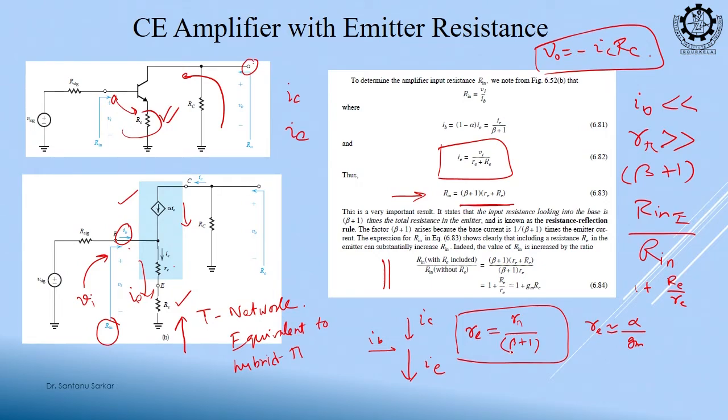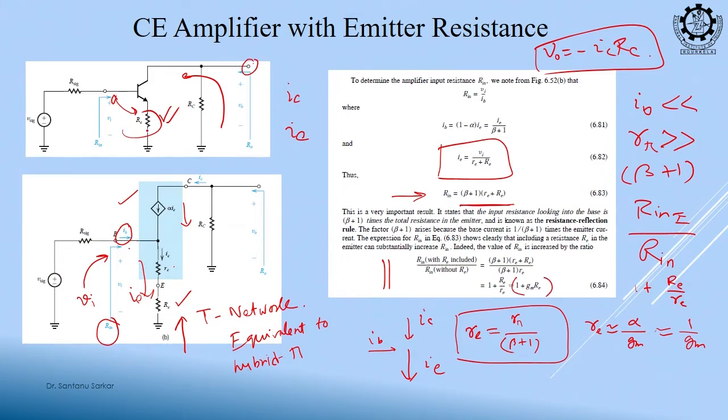R pi is equal to what? Beta by GM. So, it will come roughly as 1 by alpha, which is nearly 1, na? Alpha is equal to 0.99. So, if you replace small RE by 1 by GM, it becomes 1 plus GM RE. What is the meaning? If there was no resistance, and now I put a resistance, my looking-in resistance is getting increased by 1 plus GM RE.